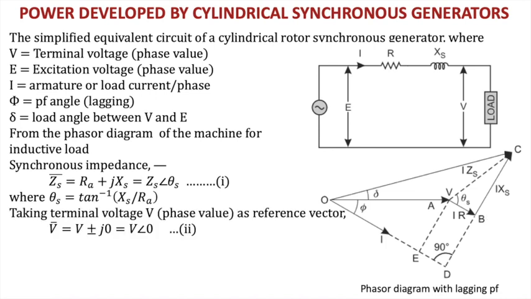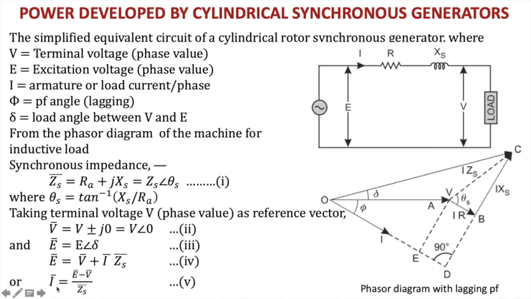Taking the terminal voltage as the reference, V is at 0 degrees. So E will be at angle del, and E will be V plus I Zs, that is the impedance drop in the synchronous generator, and so the armature current will be given by E minus V by Zs, and this will be used for the calculation of the power.